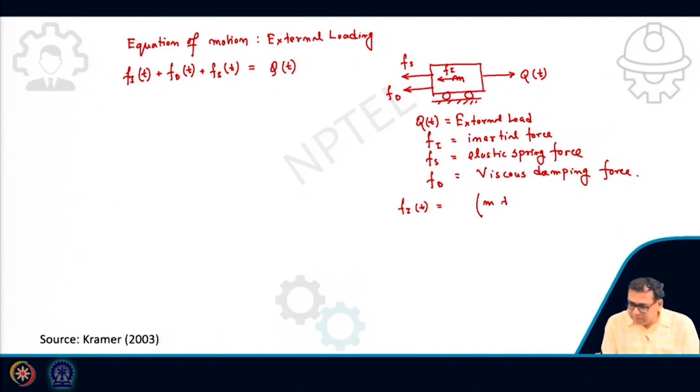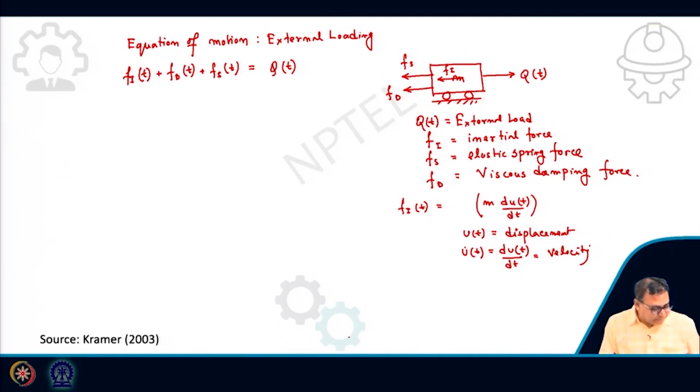Velocity will be du/dt. If u(t) is the displacement, then u dot (t), that is du/dt, will be your velocity.